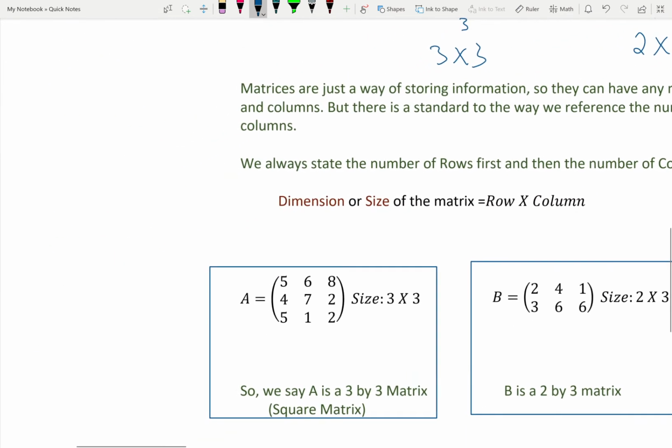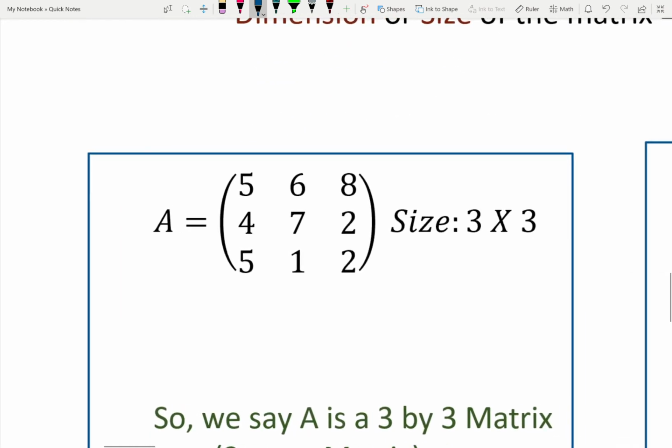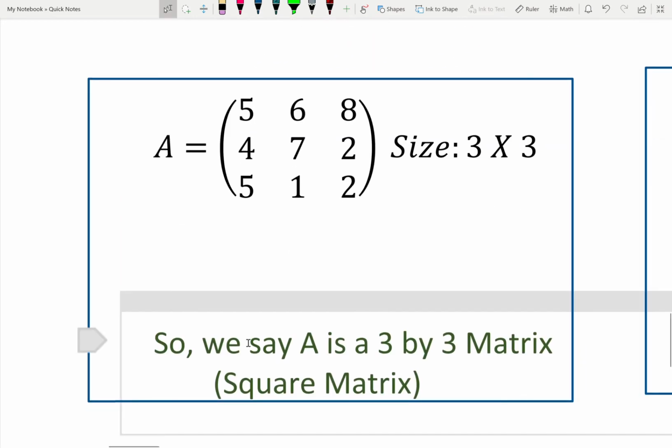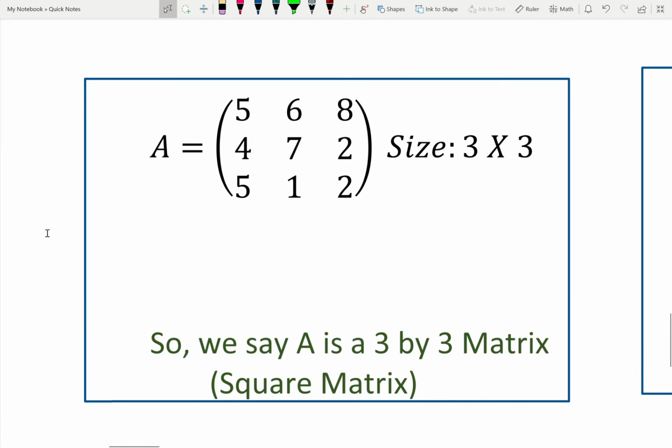So we'll do some examples real quick. Here's the one we were just talking about. This is a 3 by 3 matrix because there are 3 rows and 3 columns. Remember, this number represents rows and this one represents columns. Anytime you have a matrix that is n by n, meaning the number of columns matches the number of rows, we say it's a square matrix because they're the same length, right?